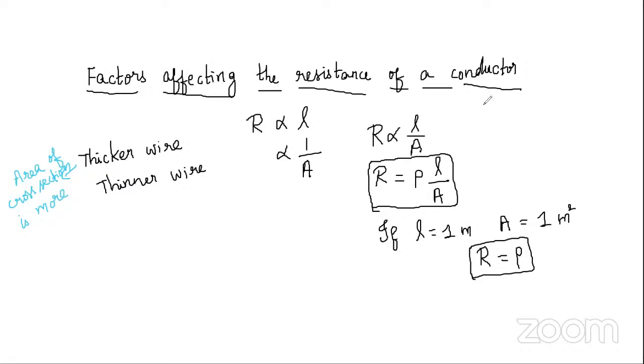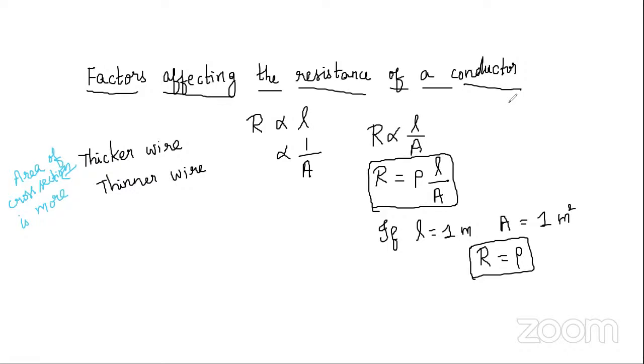For different materials, you take 1 meter length and 1 meter squared area of cross section, and when you calculate the resistance, you get the resistivity. In this way, you can differentiate the ability of different materials to offer resistance to the flow of electrons inside them. That's why we introduce resistivity.